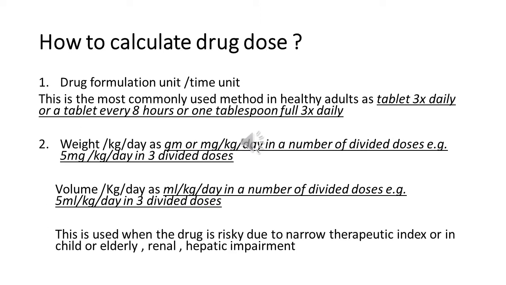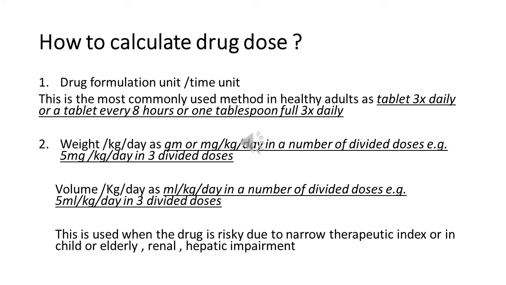Now we come to a topic: how to calculate drug dose. First, the first method is by calculating drug formulation unit per time unit.